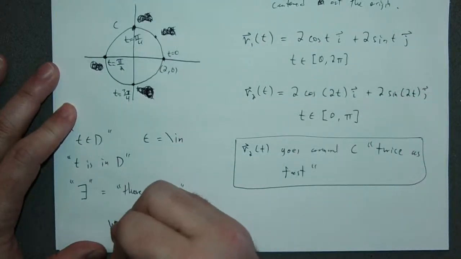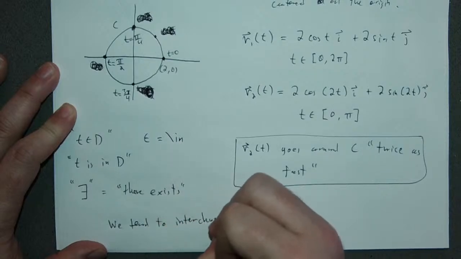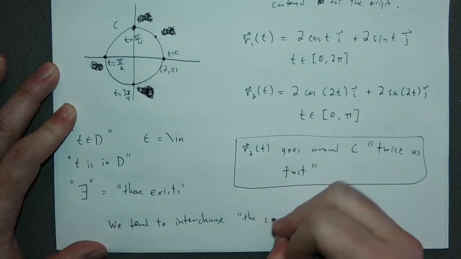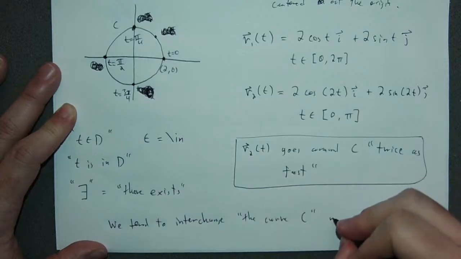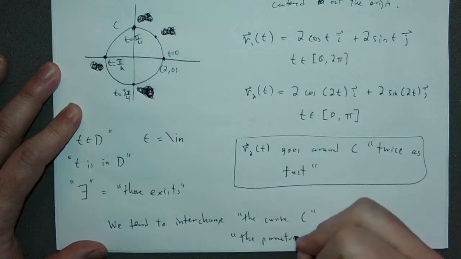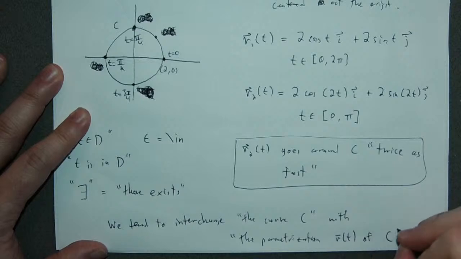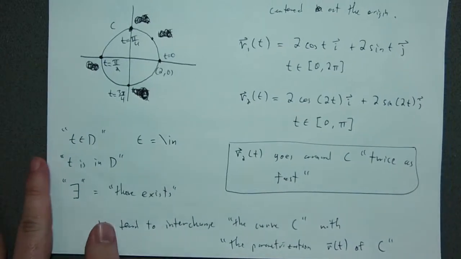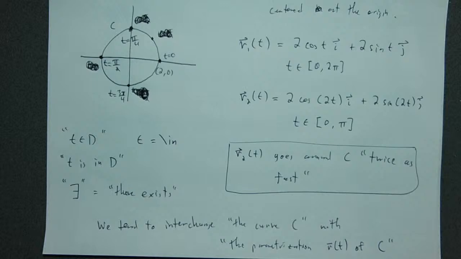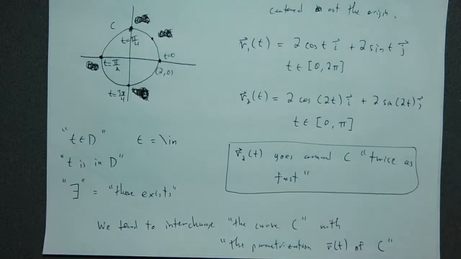So we tend to interchange the curve C with the parameterization R of t of C. And so in a lot of the language that we use here, we mean the curve C, but we're going to say the parameterization.